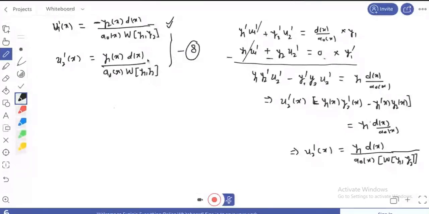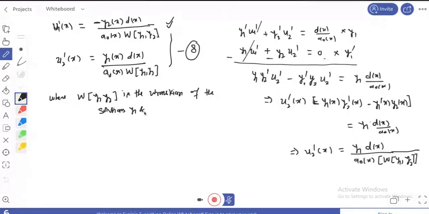Okay, so what is this Wronskian? y1 and y2 is the Wronskian of the solutions y1 and y2.